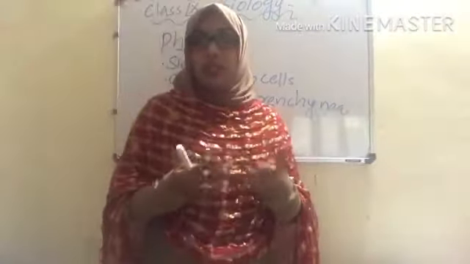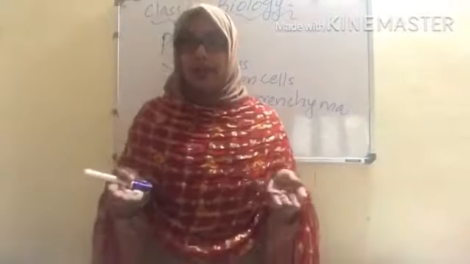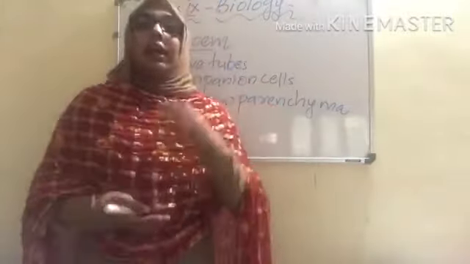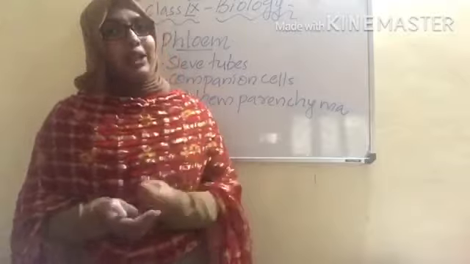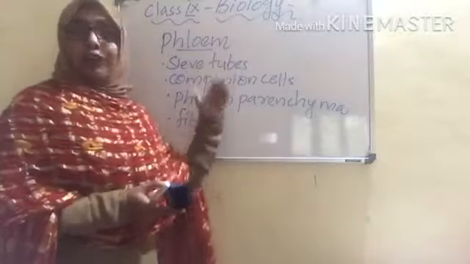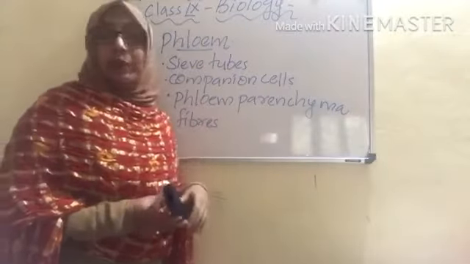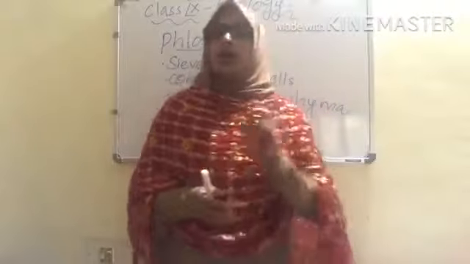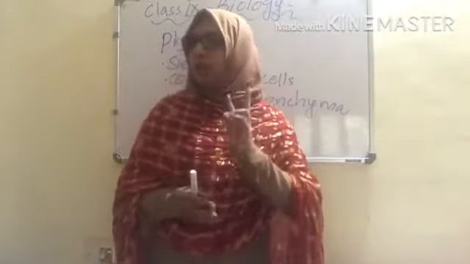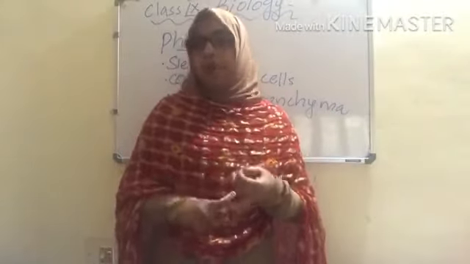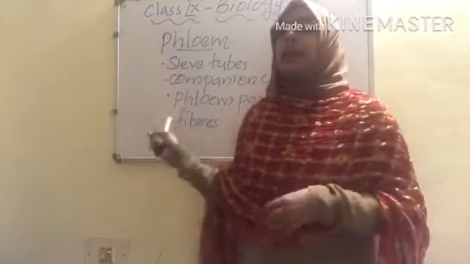Food has to reach every part of the plant, right? So it is ensured by the functioning of phloem. That's all about the phloem elements. I hope it's all clear to you. So complex tissues consist of only two things, xylem and phloem, and you study their elements and their functions.